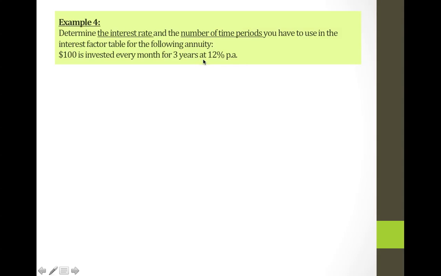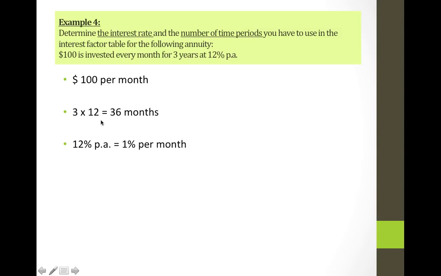We now see that the interest rate is per year, but the investment occurs every month. So we first have to get those two pieces of information in the same time unit. We have $100 per month. In 3 years, we have 36 months. And if the interest rate is 12% per year, 12 divided by 12 is 1% per month.